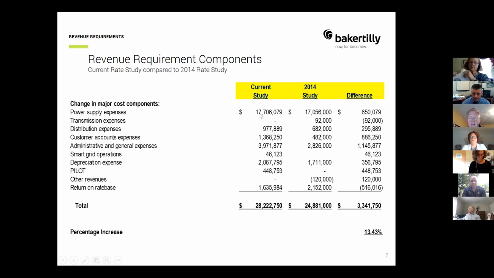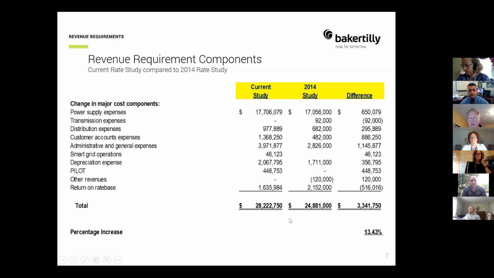And you can see that the differences and the changes in power supply, of course, has gone up. Some transmission, distribution expenses have gone up, and this is 6 years ago, so you would expect things to increase. Customer accounting is up, customer accounts expenses are up rather, administrative and general, and depreciation, payment in lieu of tax to the town, and so on.